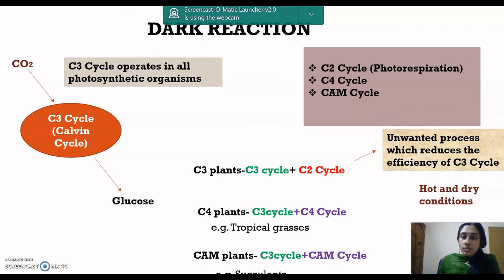So here C2 cycle is operating in C3 plants in some particular situations like hot and dry conditions, and it is an unwanted process. So in order to avoid C2 cycle, the other two cycles are coming, C4 and CAM cycles. Okay. So I hope all of you understood the function and purpose of these cycles, but we have to study all these four cycles in detail.